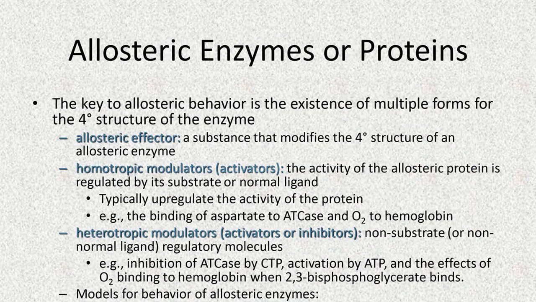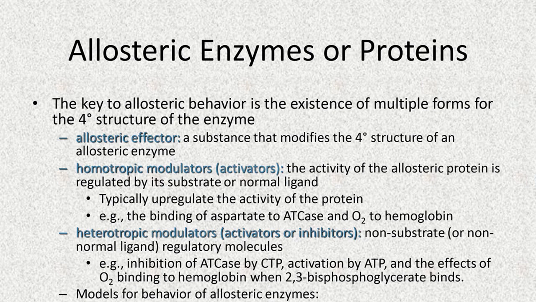In this instance, the homotropic ones, usually those are activators. That's where its own substrate or ligand will increase the likelihood of binding another substrate or ligand. You can have heterotropic, which can be both an activator or an inhibitor. For example, with ATCase, it's inhibited by the binding of CTP and activated by the binding of ATP, and aspartate is actually its substrate.